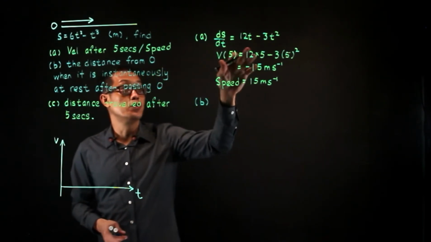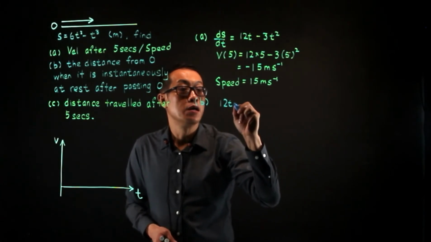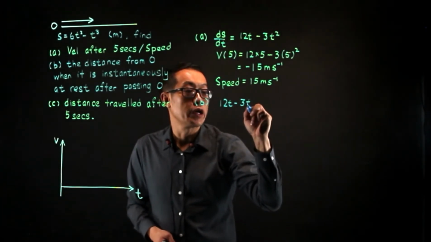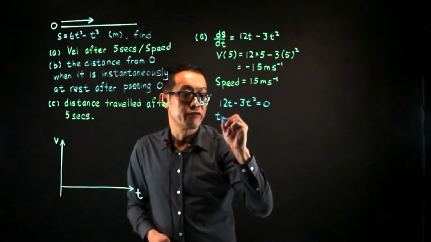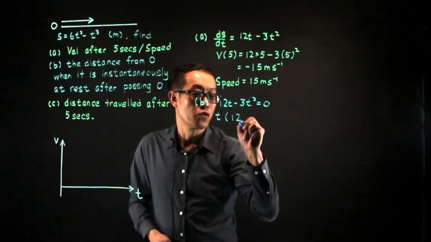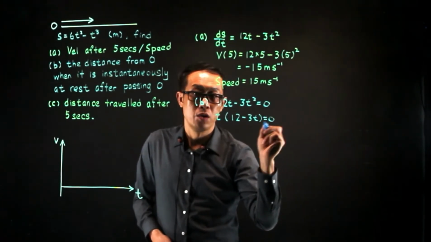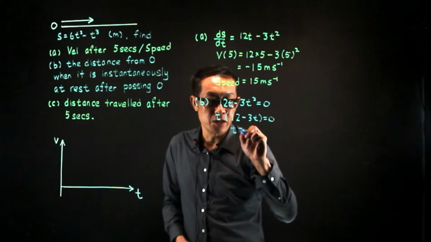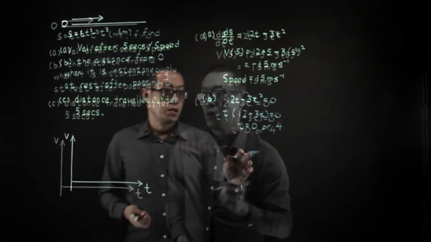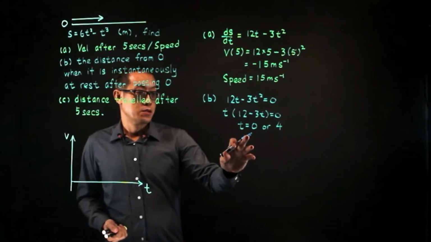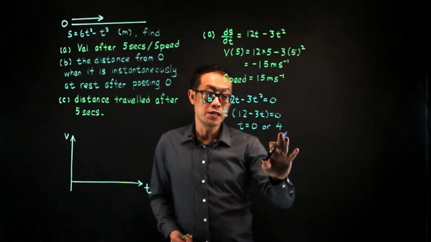So what you need to do is you equate 12t minus 3t squared equals to 0. Then you can factorize, so 12 minus 3t equals to 0, and your t is equals to 0 or 4. So we find that it is at rest when t is equals to 4.